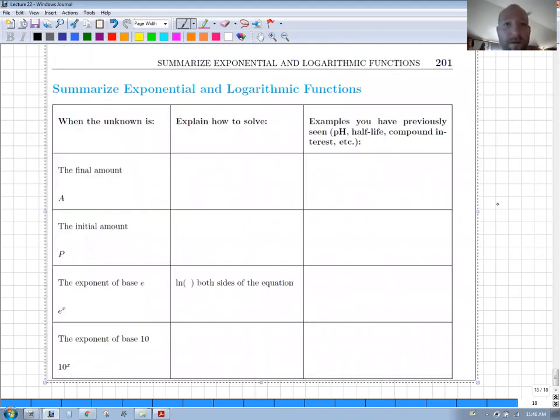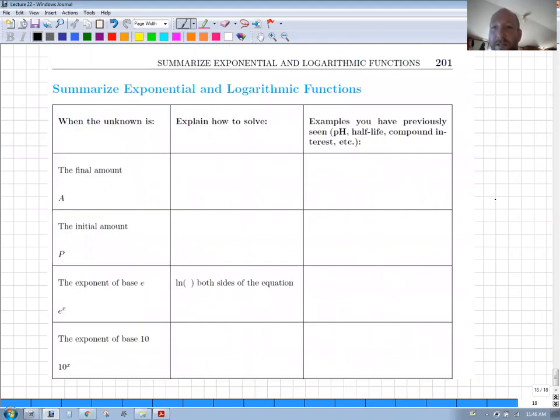All right, explain how to solve examples we've seen. When the unknown is the final amount, A equals P e to the rt. Explain how to solve: well, you just plug your numbers in here.